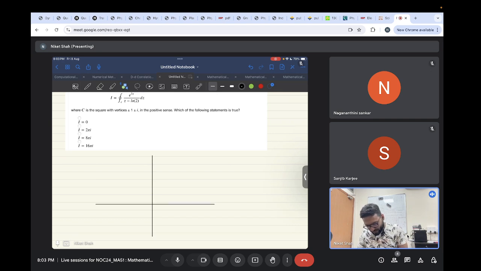So suppose this is my axis. This is 1, this is I, this is minus 1, this is minus I. Let me draw this like this.